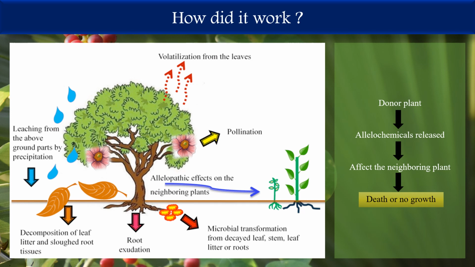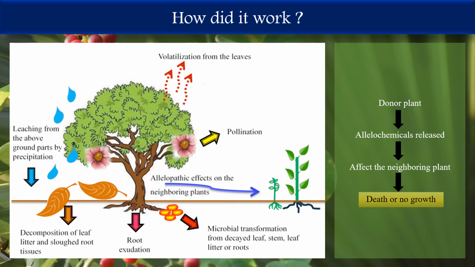Allelopathy, or allelopathic plants, is one type of survival game. The allelopathic plants release harmful chemicals to kill their competitor plants, in order to win the race and to get more space and sunlight as well.